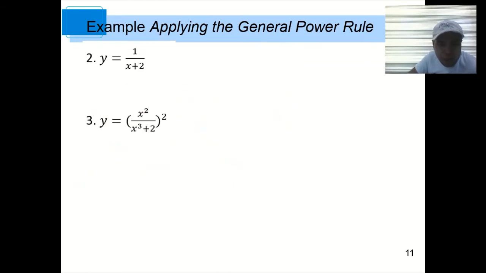Number 2, mas simple. So we have y is equal to 1 over x plus 2. Our inner function will be x plus 2, and our outer function will be 1 over u, or u raised to negative 1. So, rewrite na natin siya as u raised to negative 1.